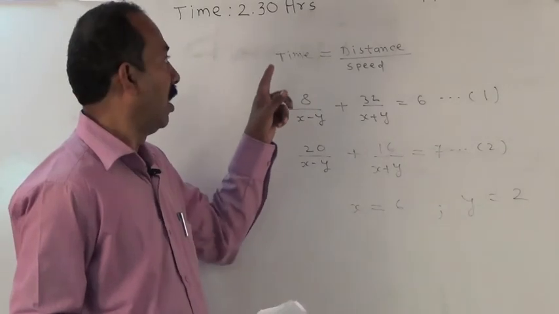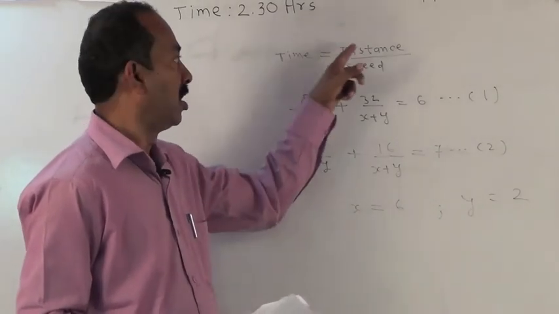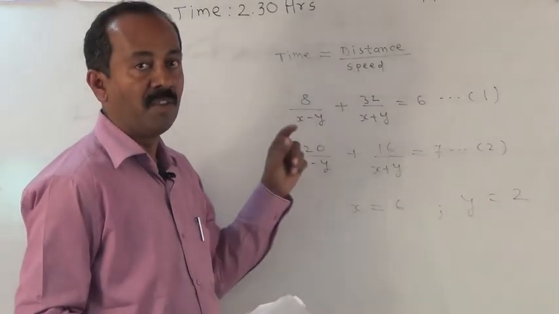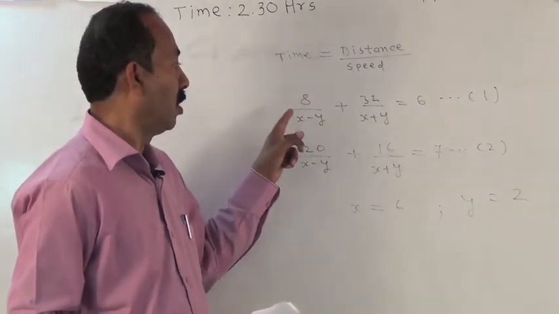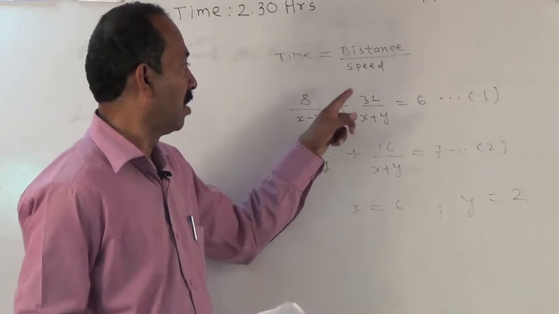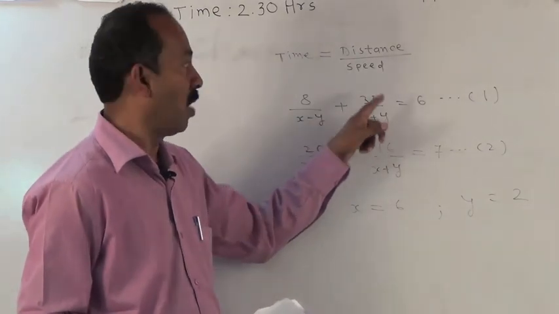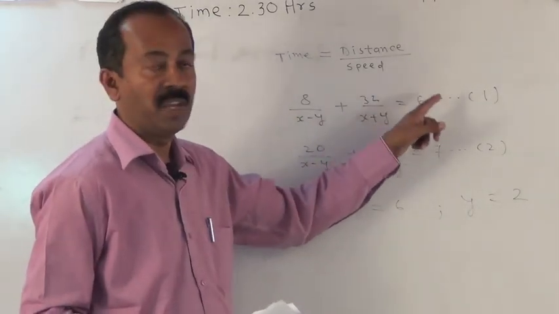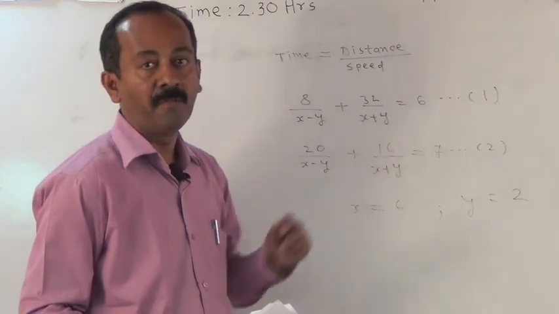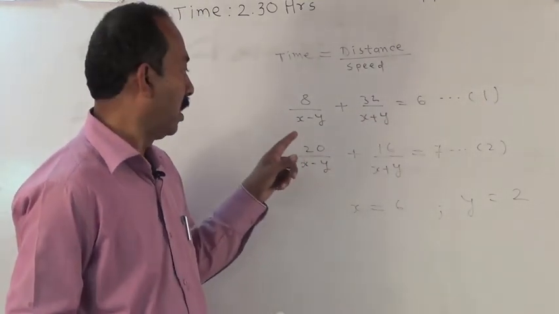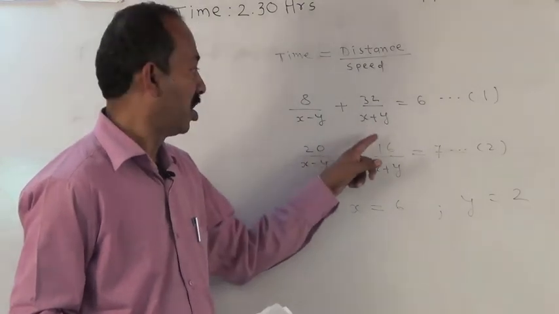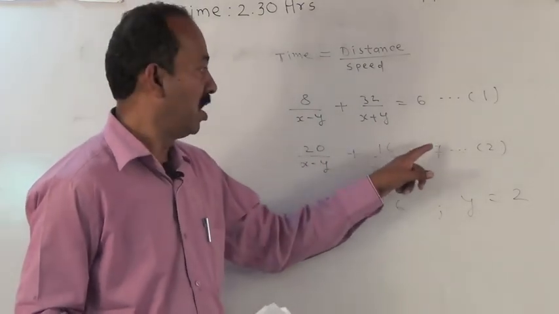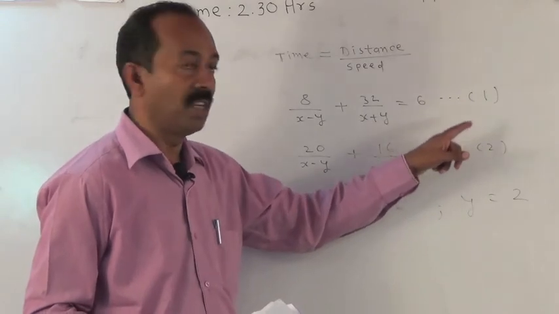Using the formula, time is equal to distance upon speed. From the first condition, we get the following equation: 8 upon (x minus y) plus 32 upon (x plus y) is equal to 6, equation number 1. And from the second condition, we get 20 upon (x minus y) plus 16 upon (x plus y) is equal to 7, equation number 2.